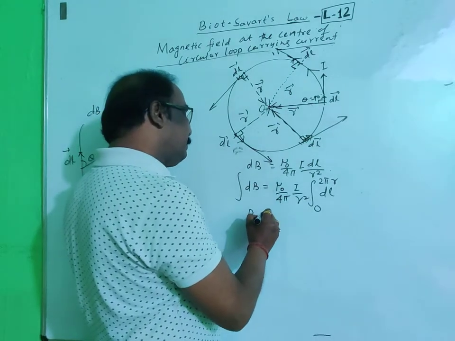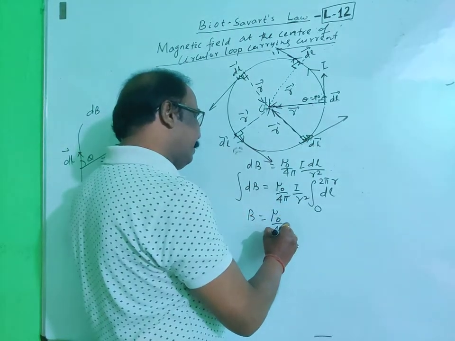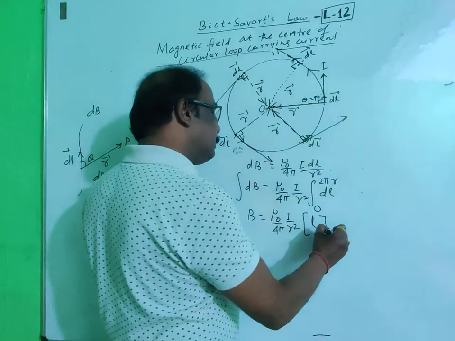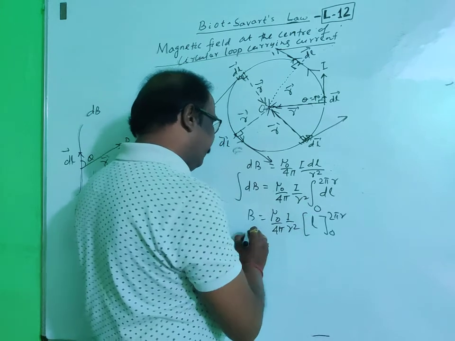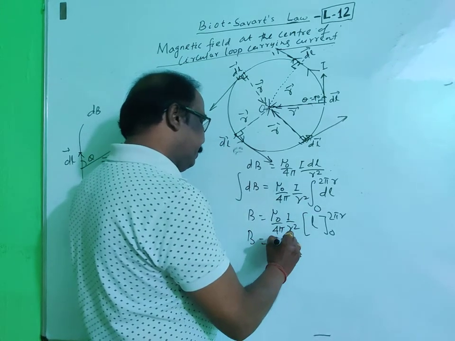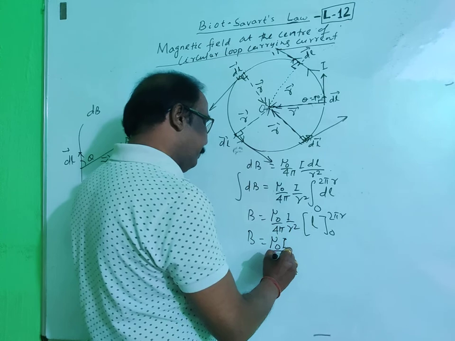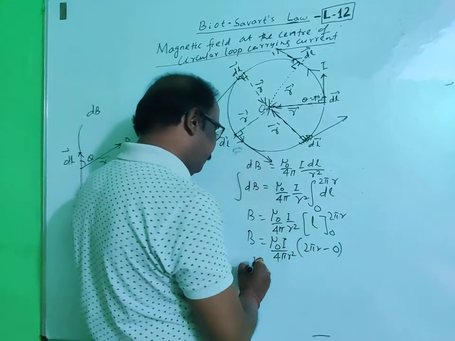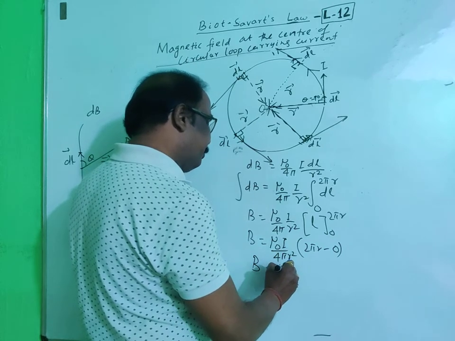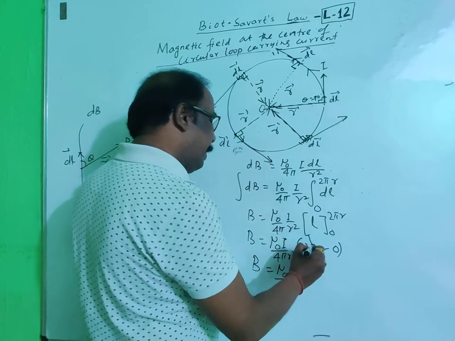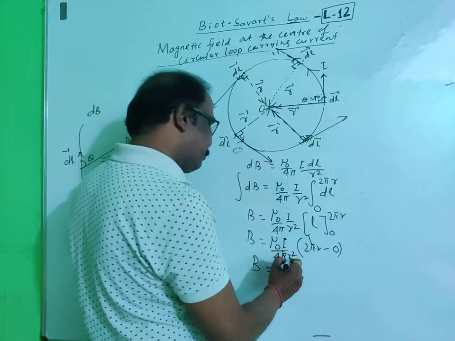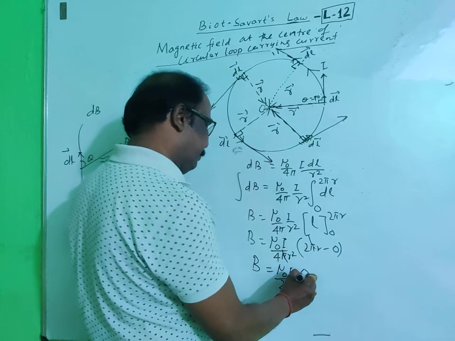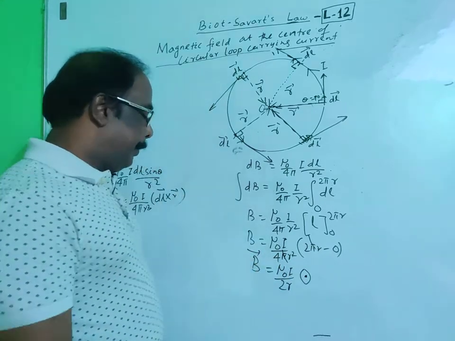Then integration of dl is L from 0 to 2 pi r. Then B is equal to mu naught I by 4 pi r square into 2 pi r minus 0. Then the magnitude of the magnetic field is mu naught I, pi gets cancelled, r square, 2, 4, then it is 2r, and the direction is outward. Mu naught I by 2r.